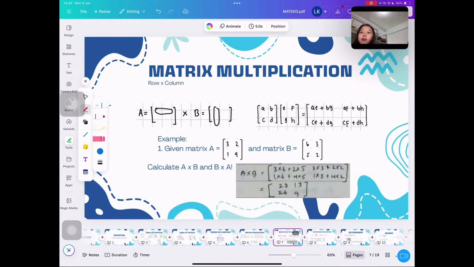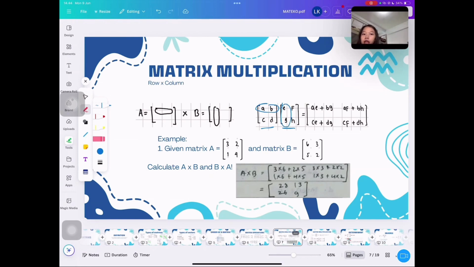Next, we have matrix multiplication. In matrix multiplication, the formula used is row times column. For example, we have matrix ABCD and EFGH. So the way to do it is row times column.